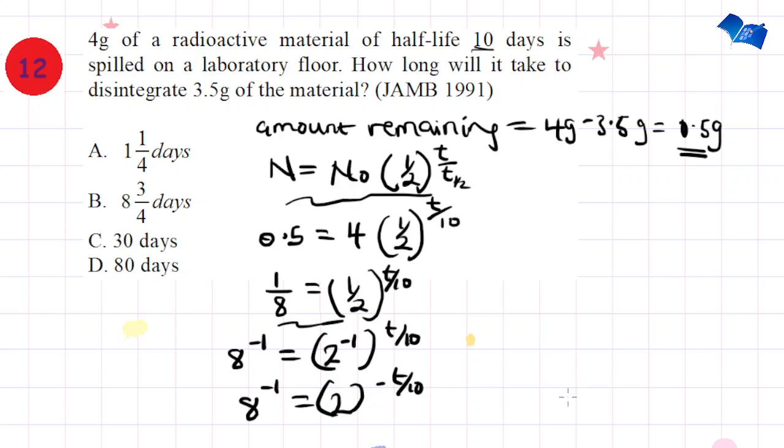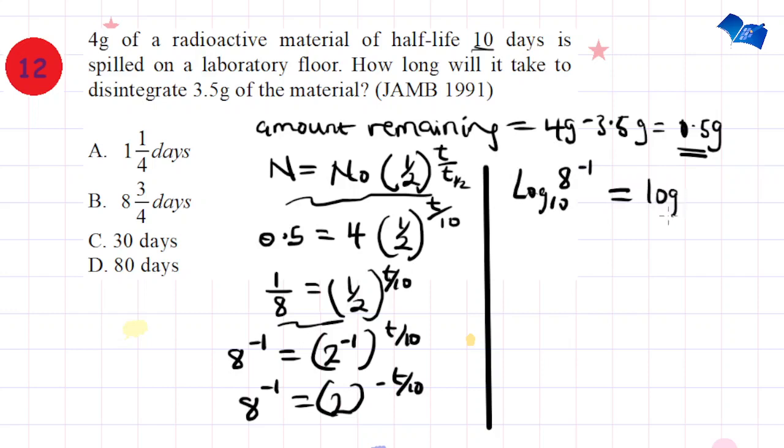Right? If that is the case, then apply logarithm. Log base 10 of 8 raised to power minus 1 equals logarithm of base 10 of 2 raised to power minus t/10.